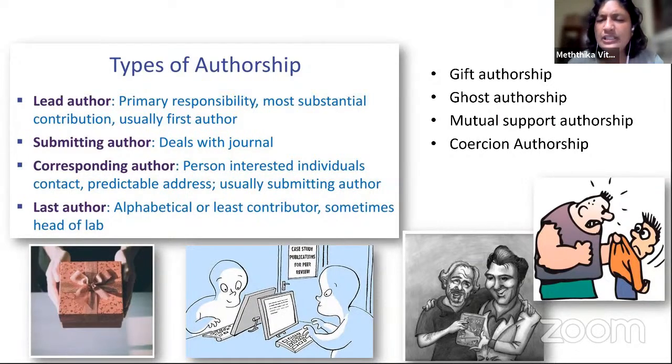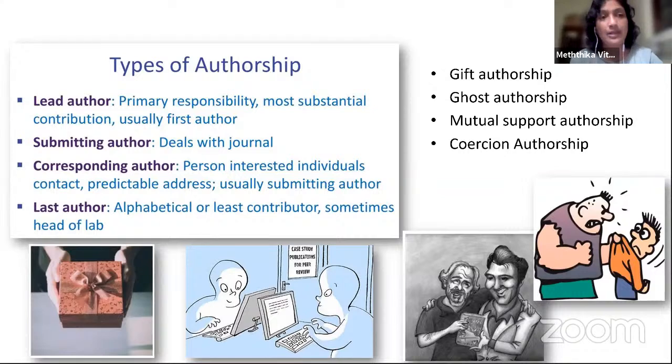And there are gift authorships, ghost authorships, mutual authorships, support authorships, coercion authorships. Those are unethical authorships. You can gift authorship to somebody, some of your colleagues, your husband, your wife, some of your friends, the supervisor's friend.